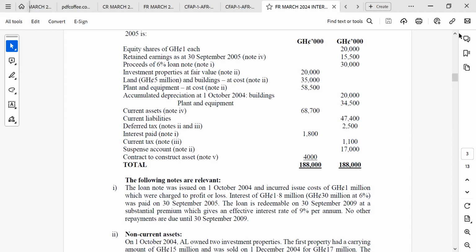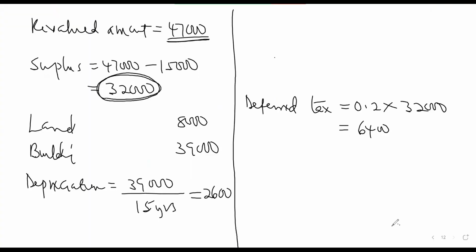So our depreciation on the plant and equipment will be 0.125 times 58,500 minus 34,500.